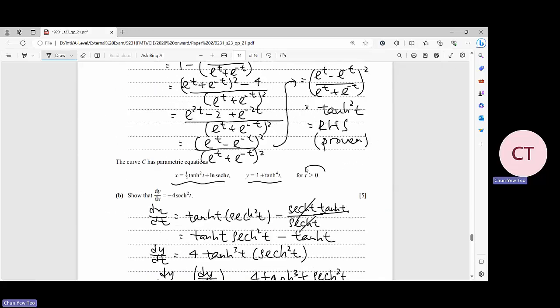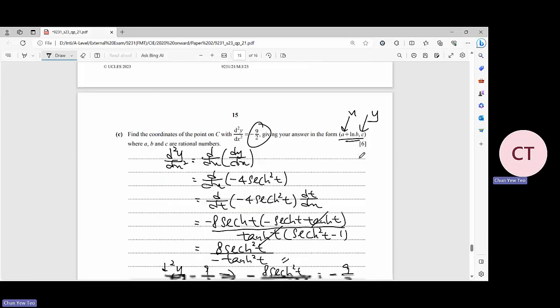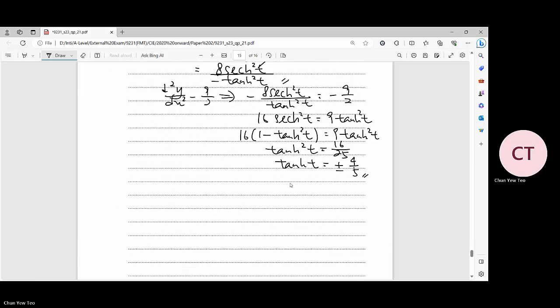The d must be positive. So d positive means the tan t can only be positive 4 over 5, because if the d is negative, then you will get negative 4 over 5. For this reason, we only take tan t as 4 over 5. Okay, done with the tan t.